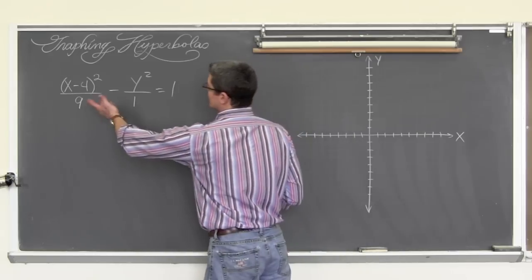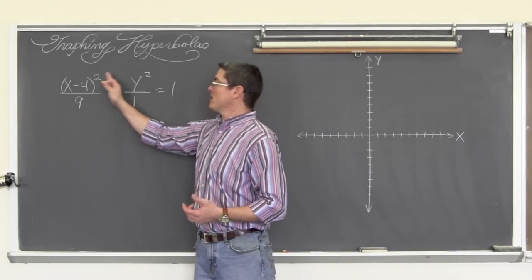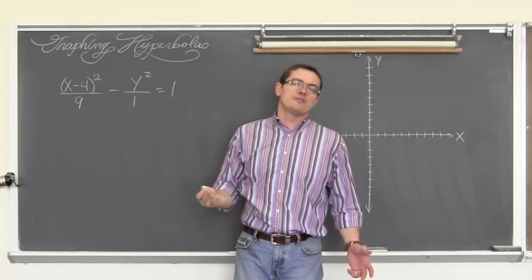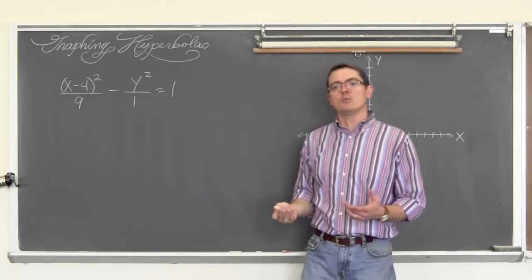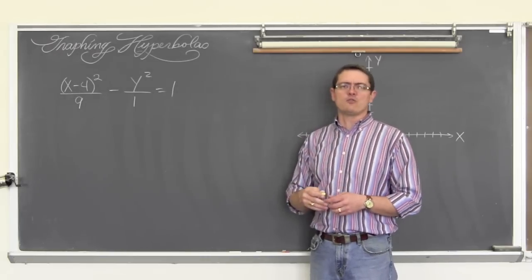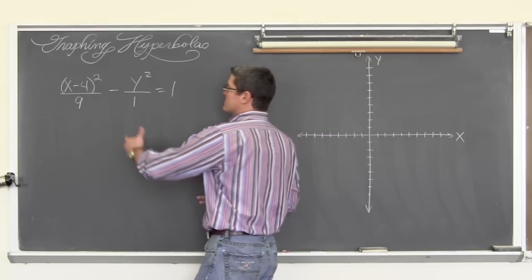So let's start with identifying why this is a hyperbola. It's because we have two squared terms and our signs are different. One is positive and one is negative. If they were the same sign, then we would be dealing with an ellipse or possibly a circle if it was put in a form to look like an ellipse, because a circle is, again, a special form of an ellipse.